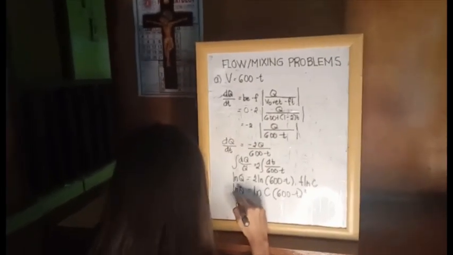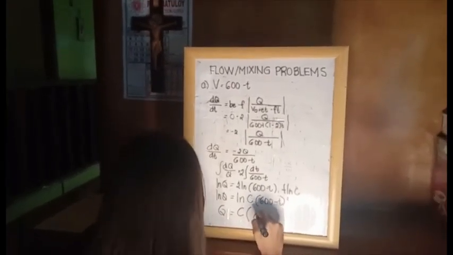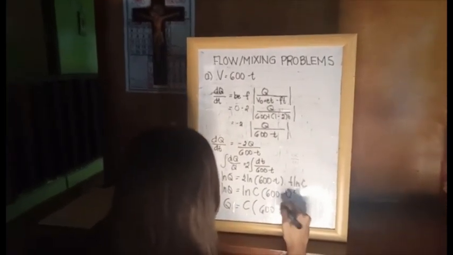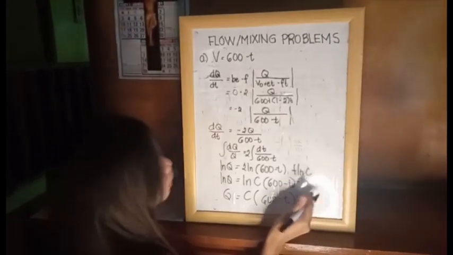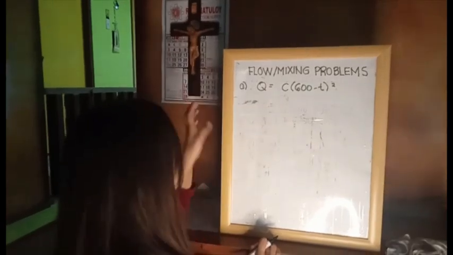So Q is equal to C times (600 minus t) squared. We can use this equation to get the value of C.